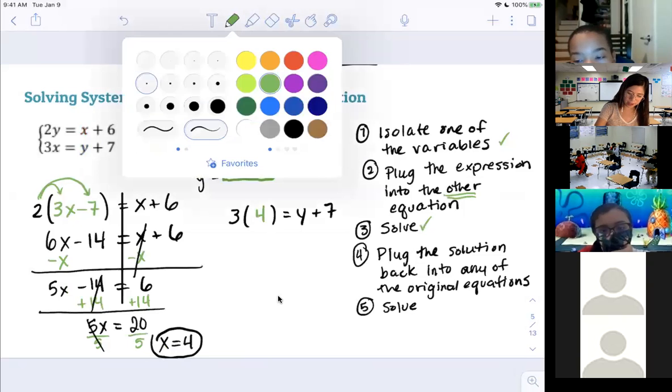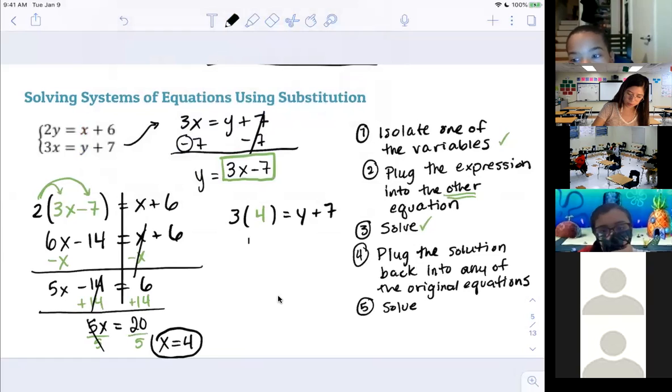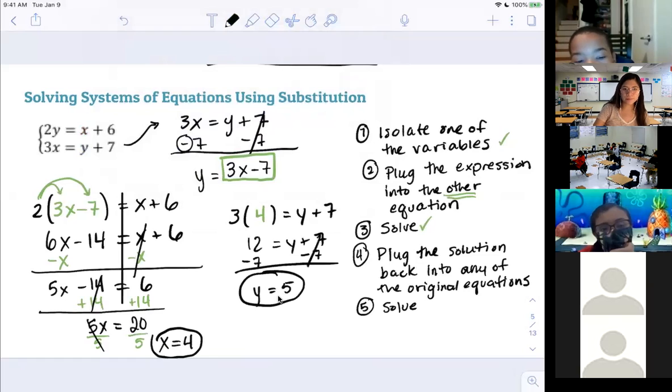We plugged it back in. 12 equals y plus 7. Subtract 7 on both sides. You get y equals 5. So what's my final answer? 4, 5. 4 comma 5.